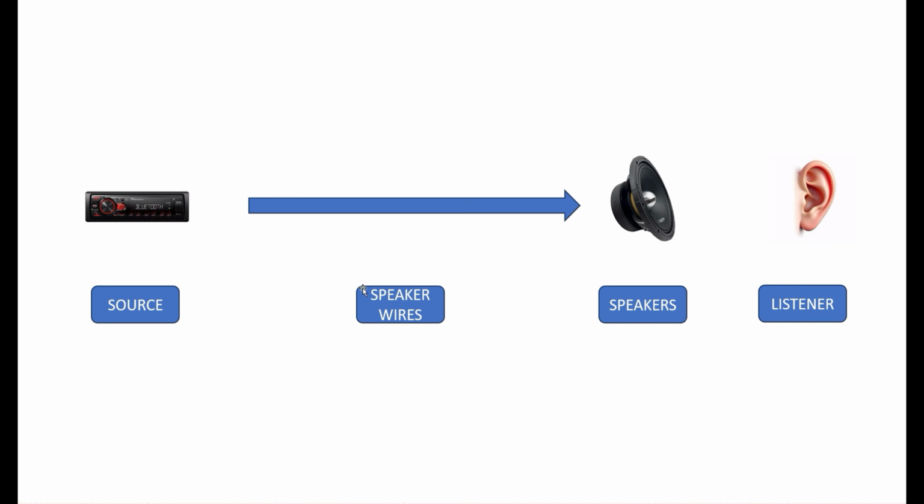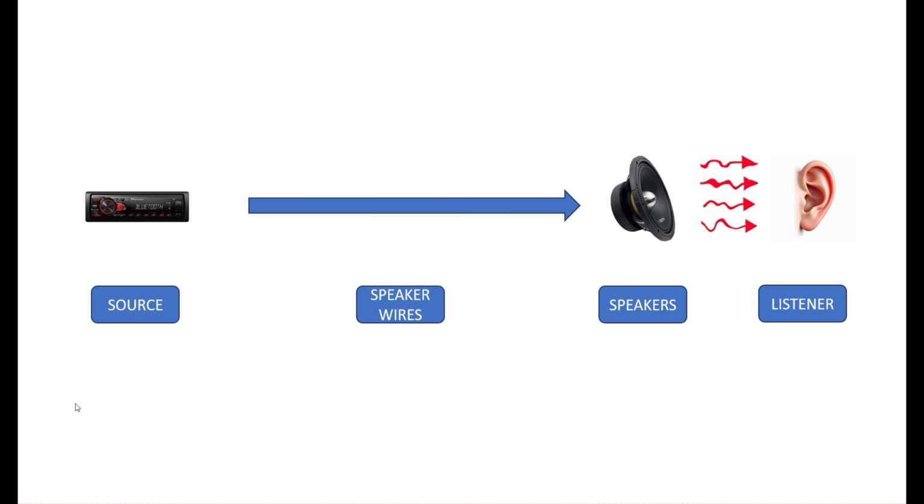We turn on the head unit, and provided everything's wired up, positive, negative, and all that type of stuff, we should be able to play music. So you'd look at this and go, well, okay, I don't really need an amplifier. I can just hook up my speakers to my head unit and it's playing music.